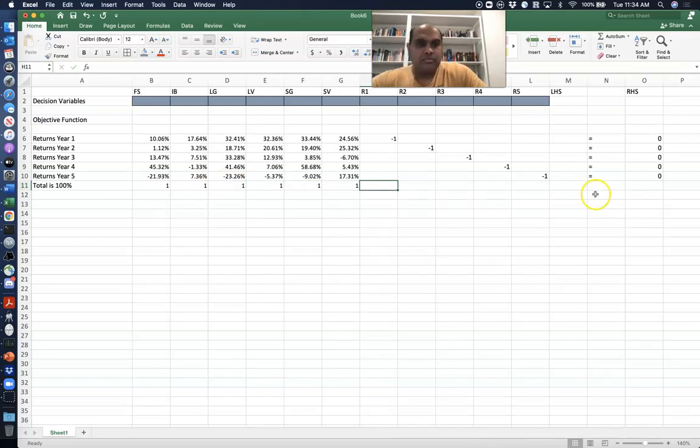They all have to add up to 100%, or have to add up to 1. That's my constraint. Now, we still have to write the sum product function.